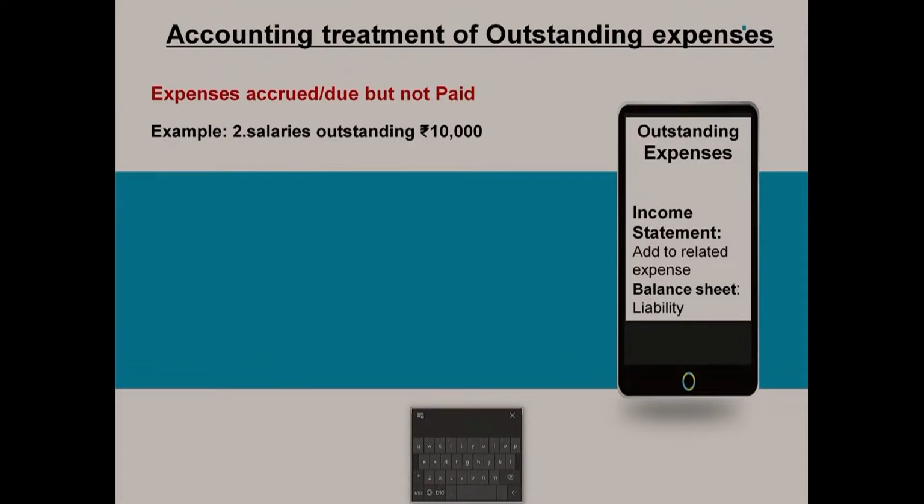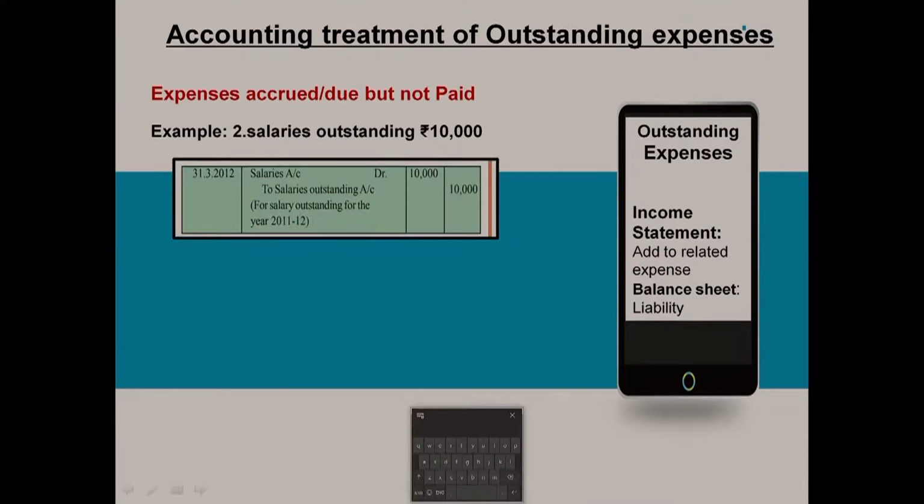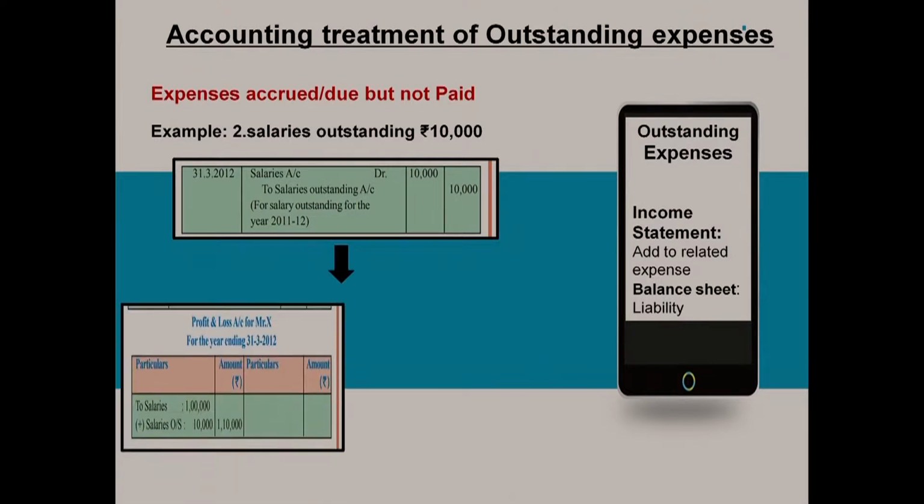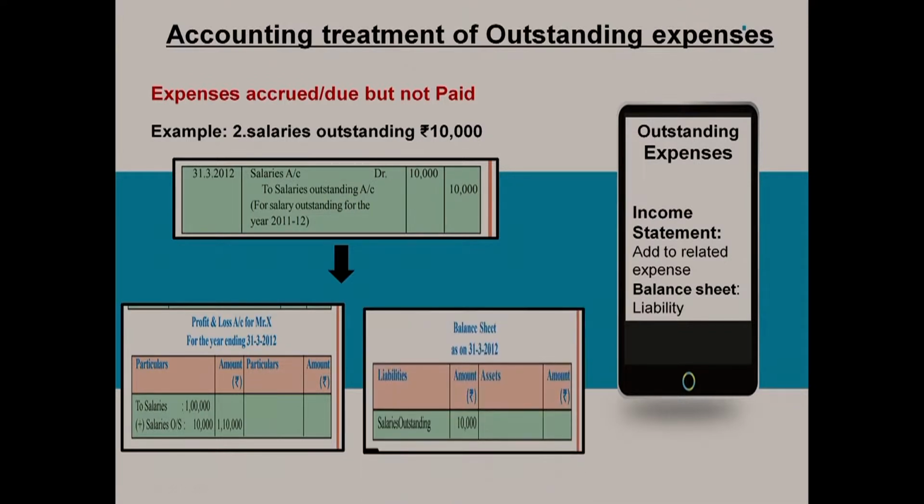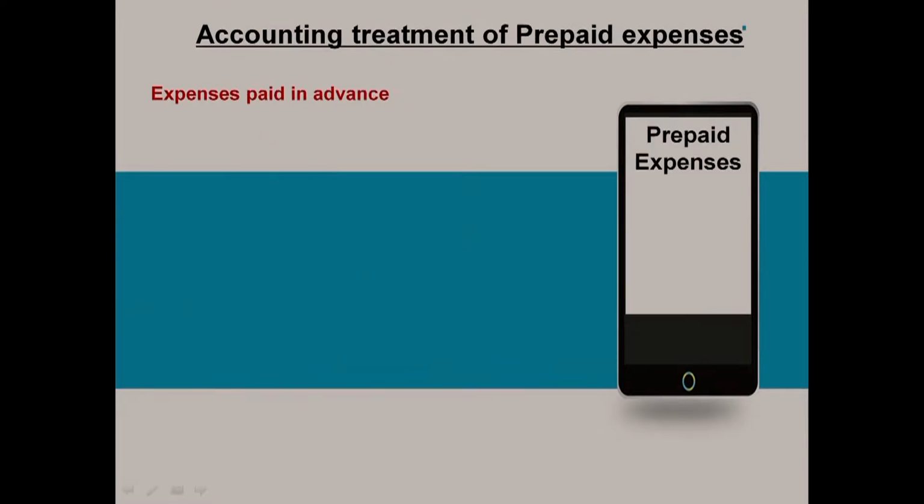If it is salaries outstanding 10,000, as one example, the journal entry would be the same: salaries account debit to salaries outstanding, 10,000. In the profit and loss account, where you have mentioned salaries on the debit side, you would add salaries outstanding there. And in the balance sheet, as you mentioned wages outstanding, in a similar way you will also mention the salaries outstanding.